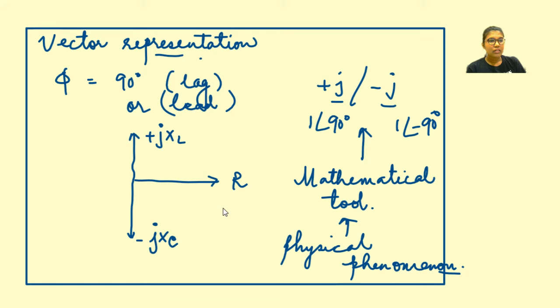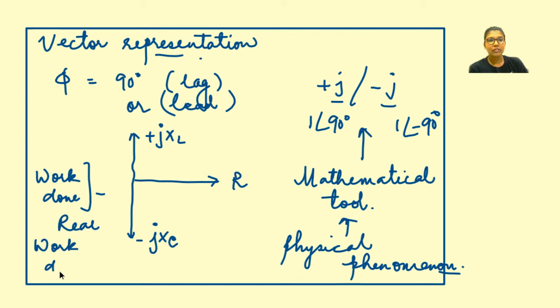And yes, there is one more thing that you need to remember as well. The work done by the inductors and capacitors is not real, so we have got another name for it. The work done by the resistors is called real, whereas the work done by L and C is termed as reactive.